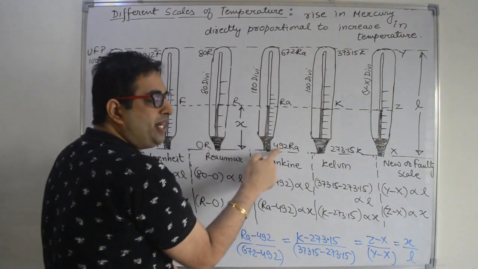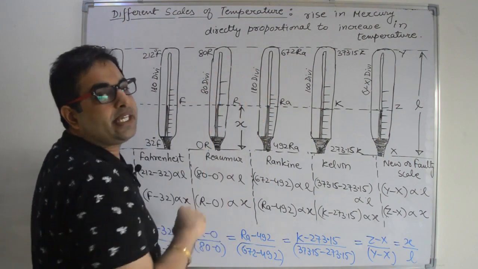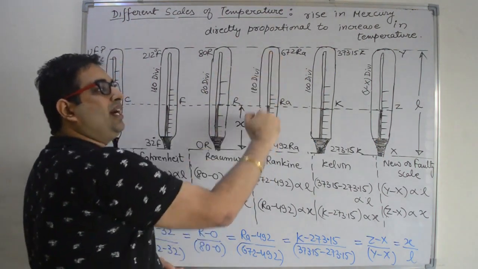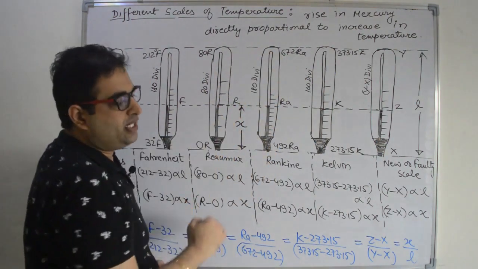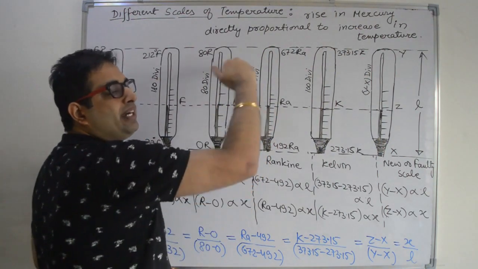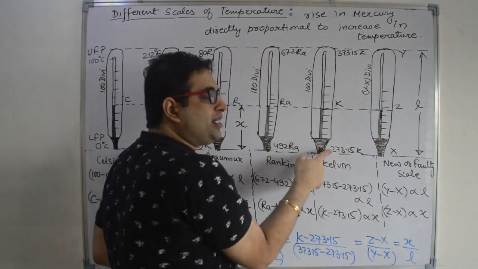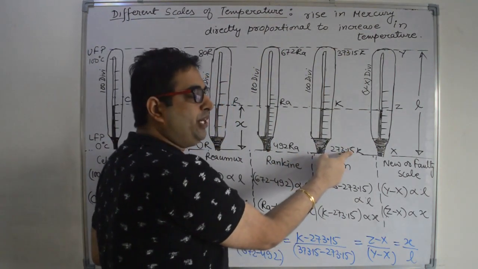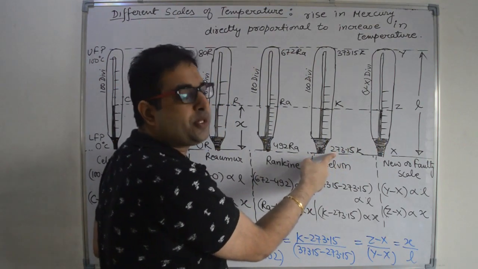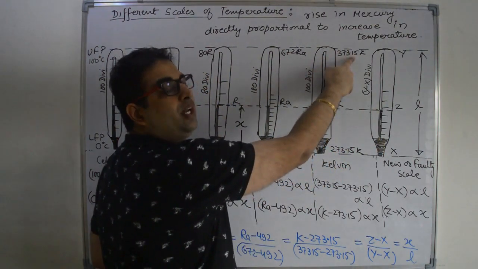So there are 80 divisions or 80 slots in this scale. Next, Rankine, starting from 492 to the upper fixed point 672. So there are 180 divisions in this scale, or you can say there are 180 markings on this scale. Next is the Kelvin scale, starting at 273.15, that is the lower fixed point, and the upper fixed point is 373.15.